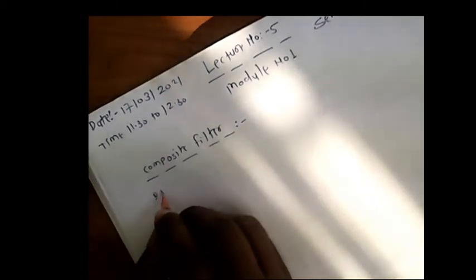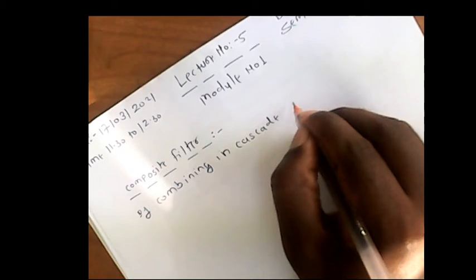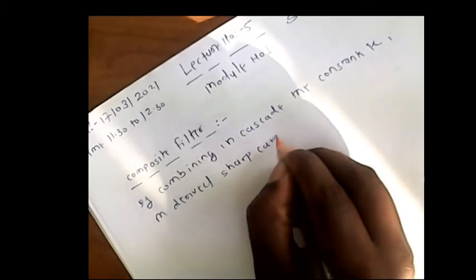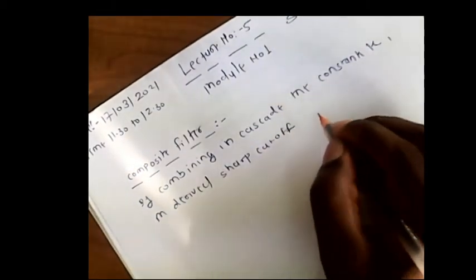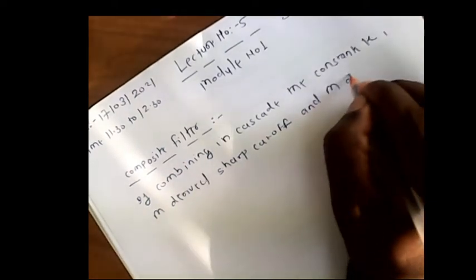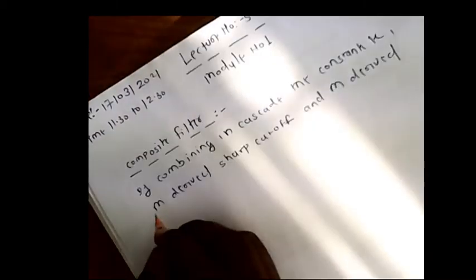So a composite filter, we can say, is formed by combining in cascade the constant K section filter, the M-derived sharp cutoff and the M-derived matching section.